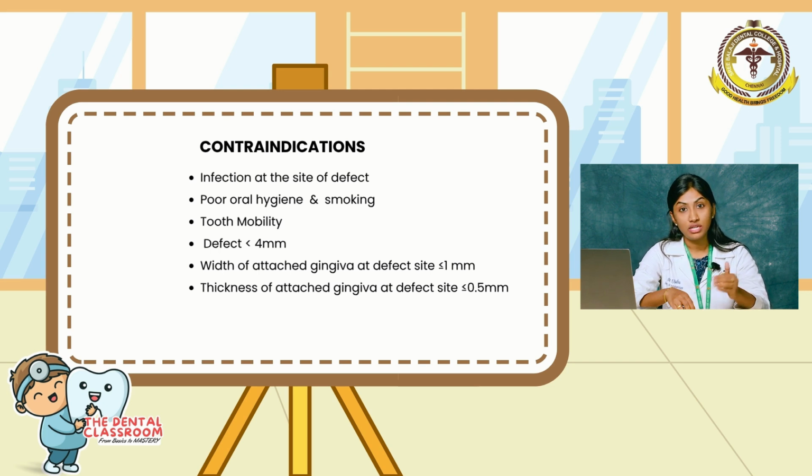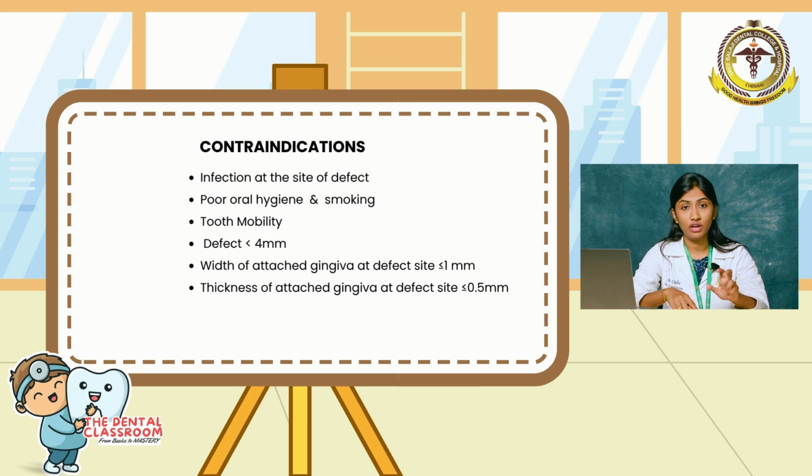Other surgical contraindications are any active infection at the surgical site, poor oral hygiene, and smoking. These things will alter the blood supply or affect the angiogenic property of the regenerative process. Also, tooth mobility and a defect less than 4 mm will affect membrane stabilization. It will lead to membrane collapse, which will affect the space maintenance property required for guided tissue regeneration.